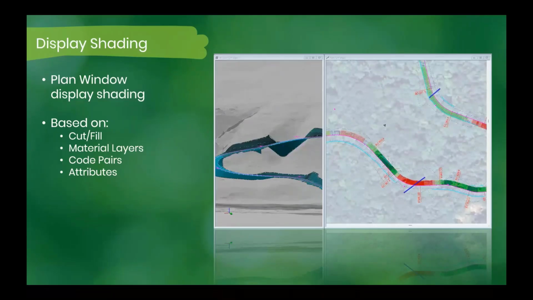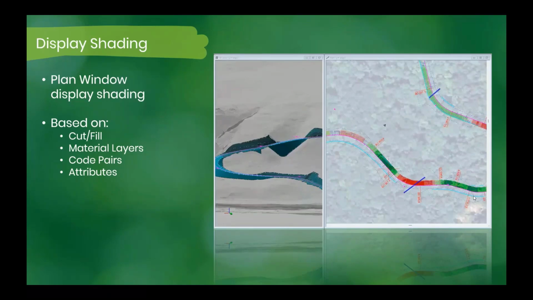Now this could be something like the visual gradient that's shown in the plan window example here on the right. And this is actually shading by cut depth. So in this slightly more topographically interesting example, I'm shading based on cut depth. You could also shade based on just cut and fill in general, whether you're in cut or in fill.